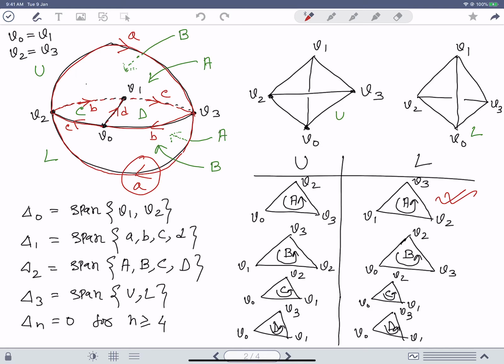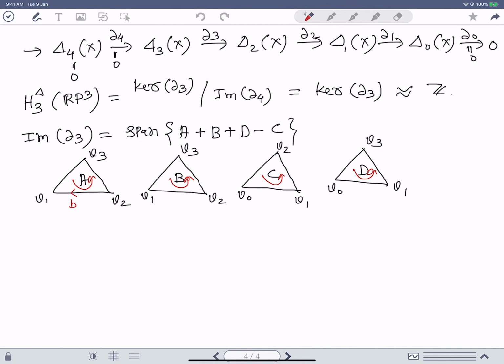Remember that, don't be confused with this one. So this is also V2 to V3, but we have considered the orientation from L, this one, right? So that means from V2 to V3 we have reverse A.